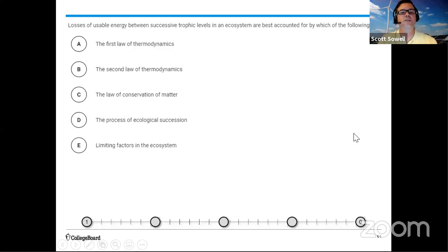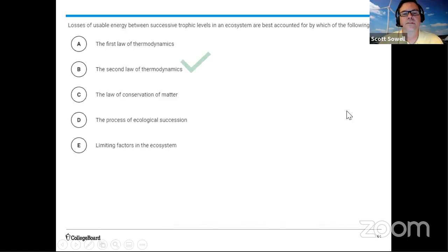Losses of usable energy between successive trophic levels in an ecosystem are best accounted for by which of the following? And we just mentioned this a few minutes ago.